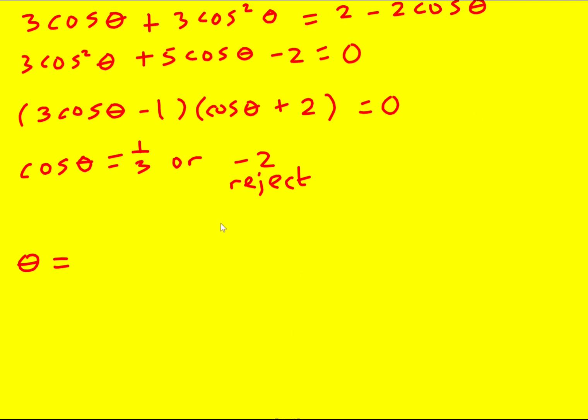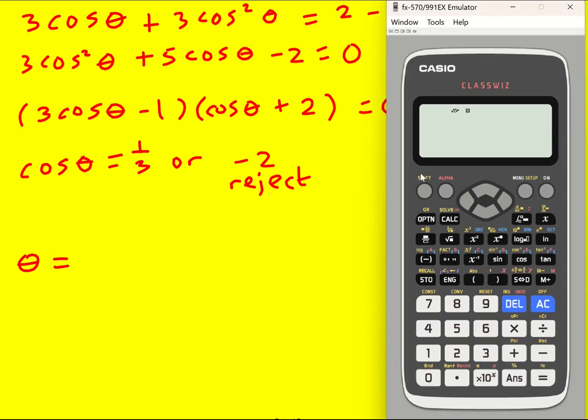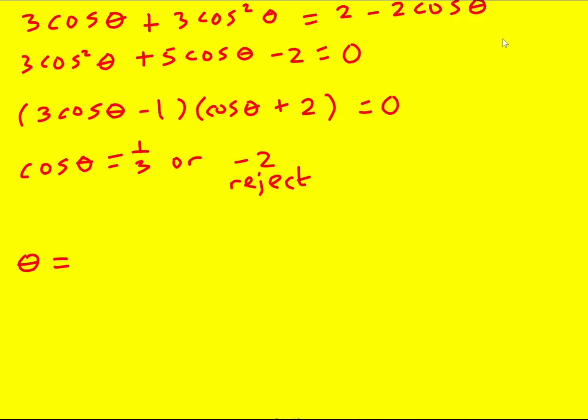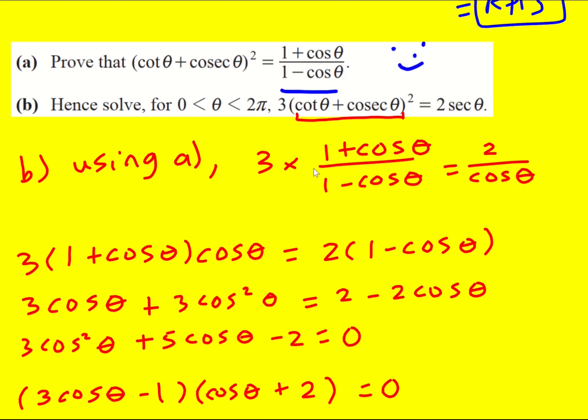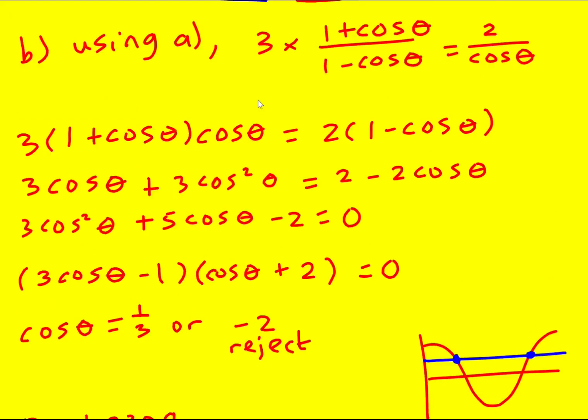So theta is going to be inverse cos of a third, which is 1.2309. Just get my cos graph drawn. So we have just found this value here on the cos graph, but we also want that one because we're solving between 0 and 2 pi.